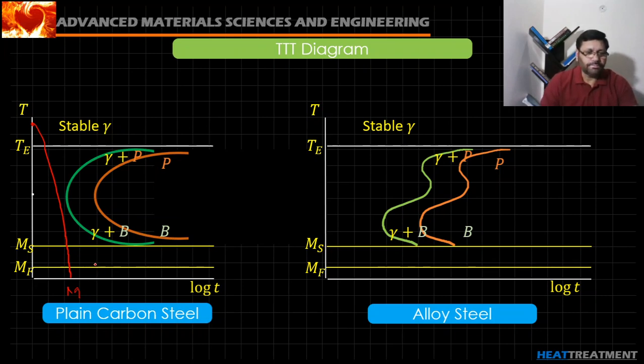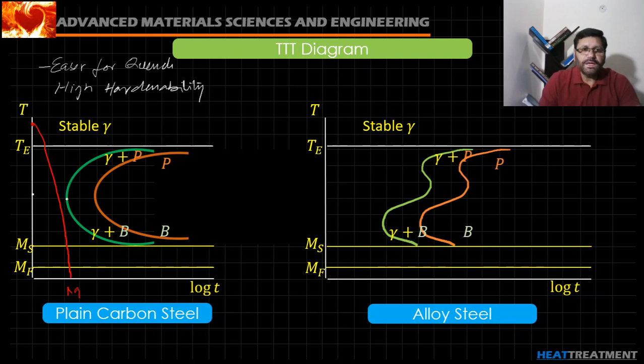So we can say easier quench means high hardenability.